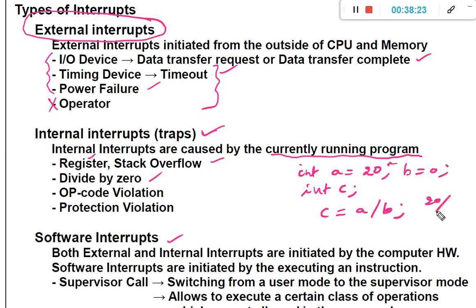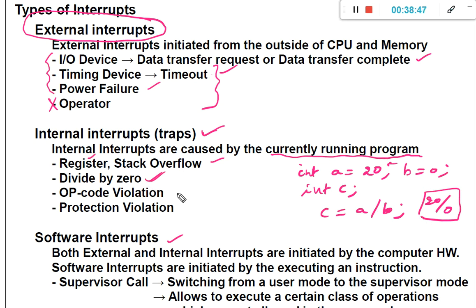So what is the result? 20 by 0 is not defined. You are going to get an infinite value which is not defined. So you are going to get a divide by 0 runtime error, because you cannot have such an equation as 20 by 0.